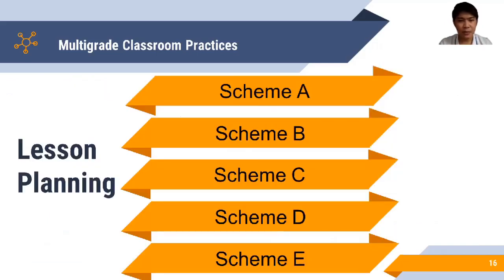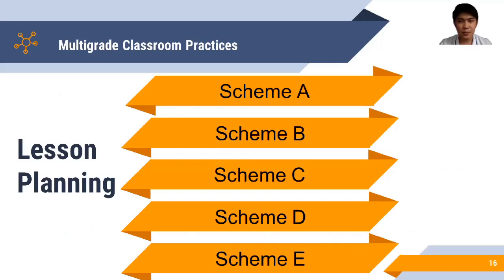In lesson planning, before the teacher actually writes the lesson plan, based on the pre-assessment results, it is good to determine first which teaching scheme or way of teaching to use. The objectives and skills developed in the grade level combination will tell the most appropriate scheme to use.